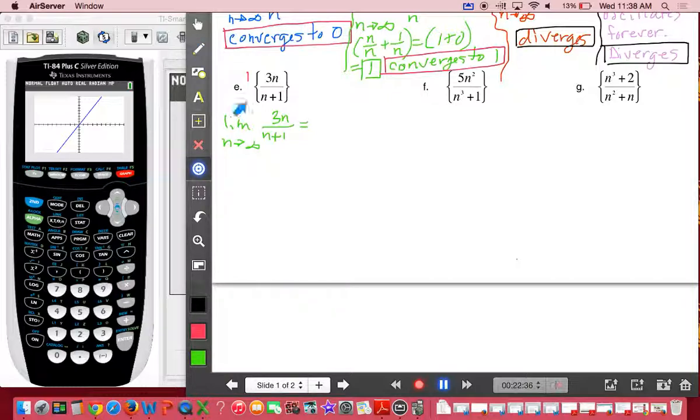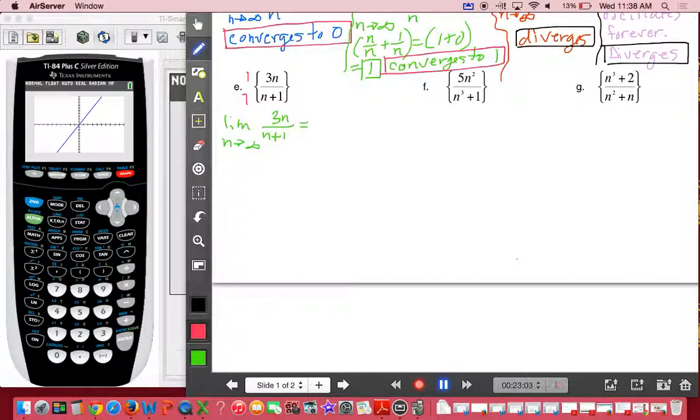What's the degree of n plus 1? Yeah, because the degree of n is what? 1. What's the degree of the 1? The degree of any constant is 0. And so the one with the largest degree is the n, and so it carries the degree of the polynomial. So both the numerator and the denominator have the same degree.